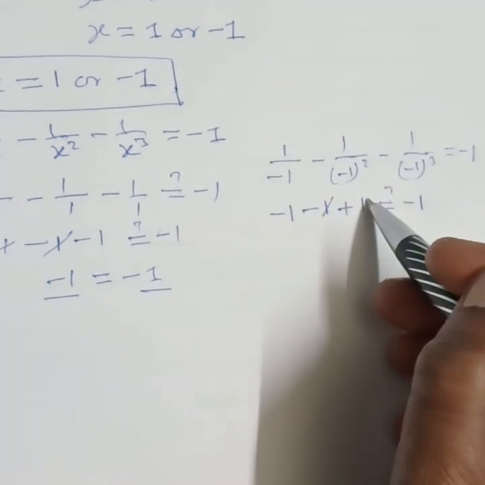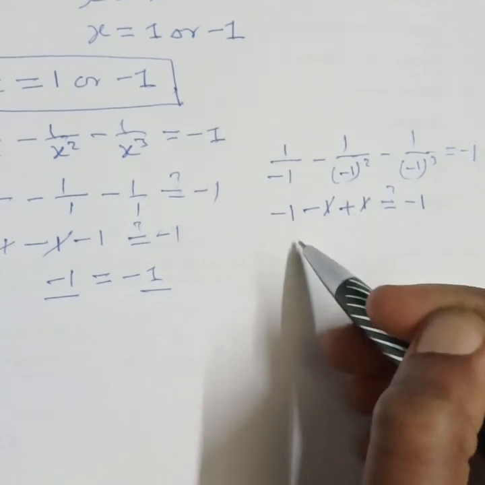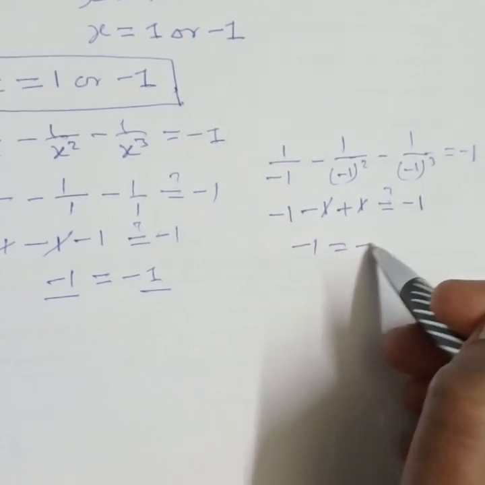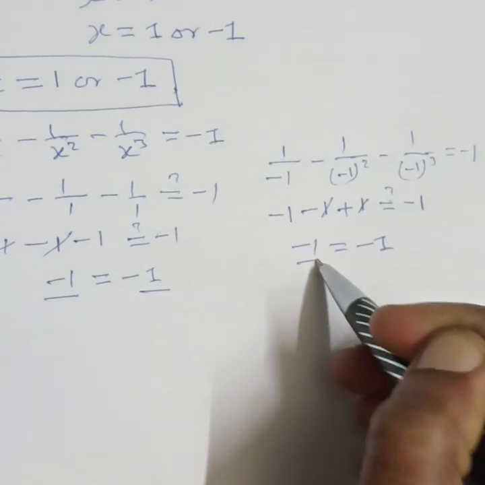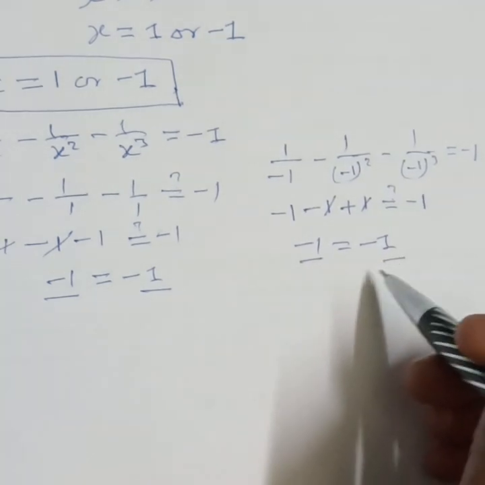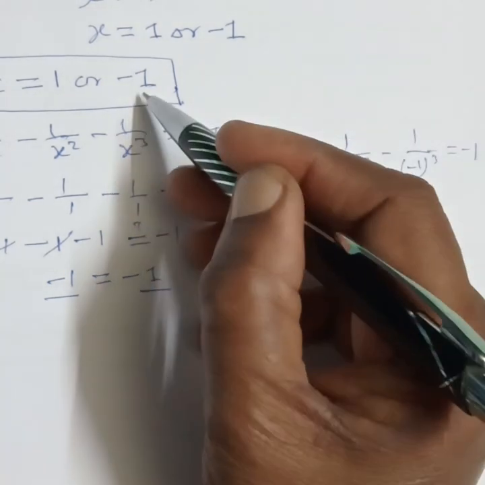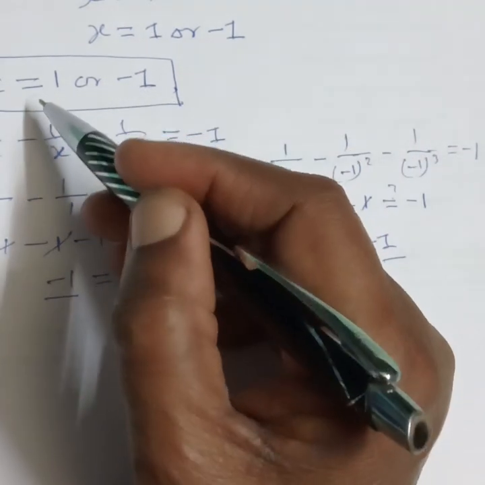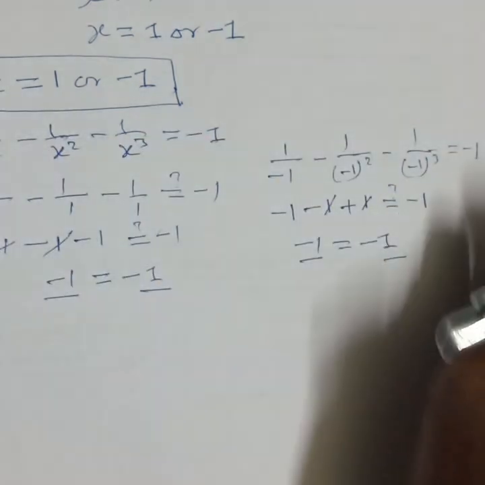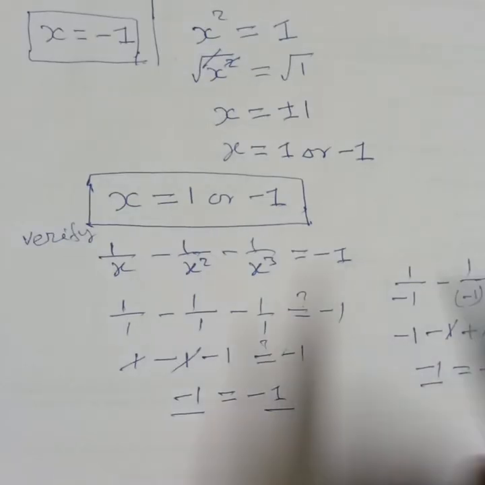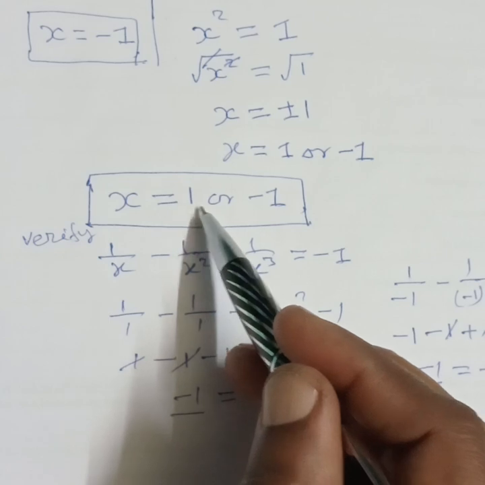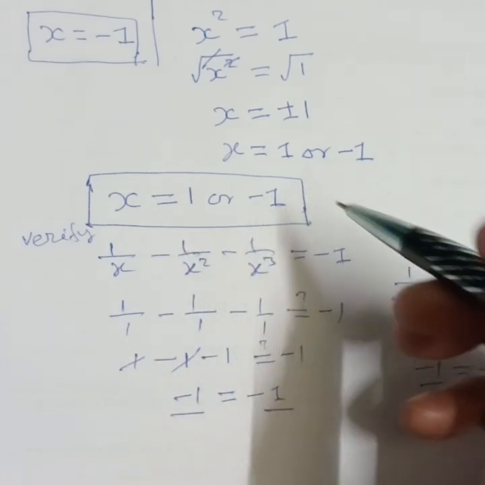This −1 plus 1 cancel, so −1 is equal to −1. Left hand side, right hand side equal. Therefore, −1 is a correct answer. So our value x is equal to plus 1 and minus 1 is correct.